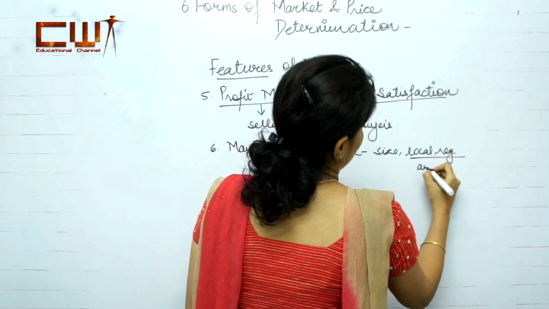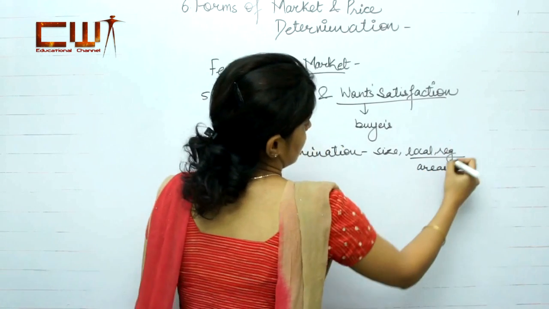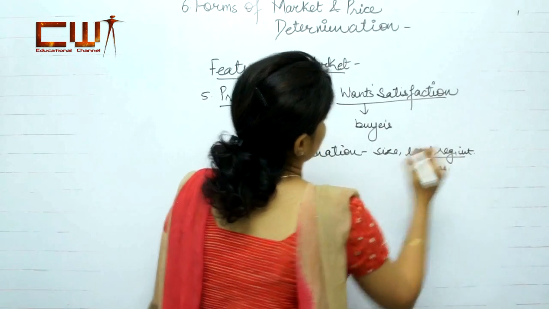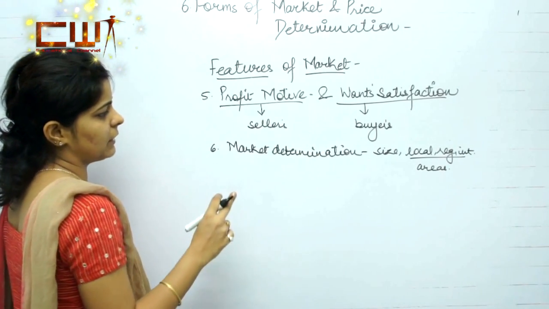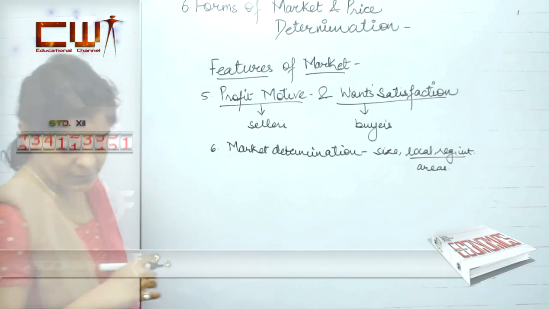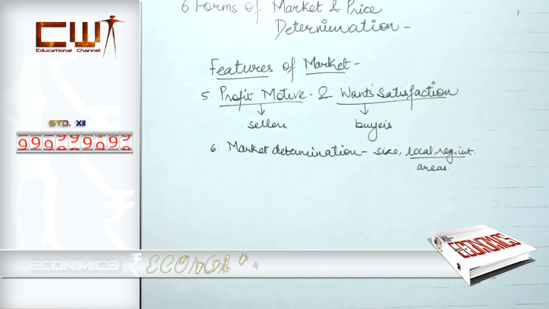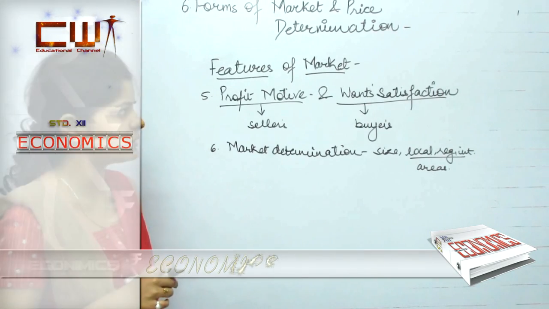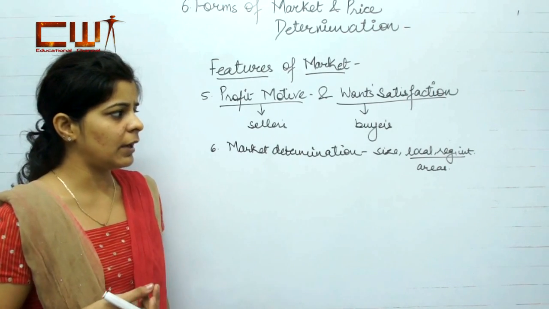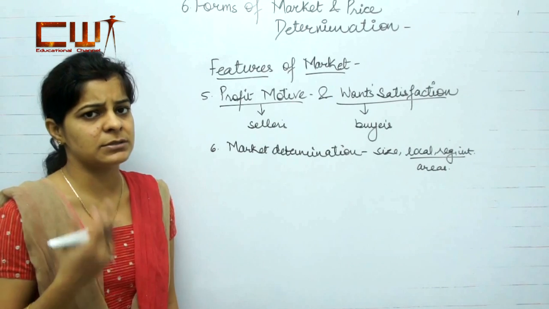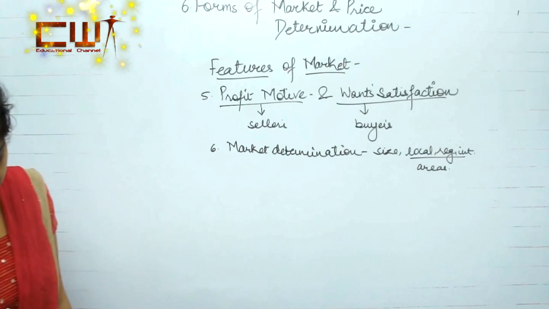These are on the basis of areas. Then you have the international market. So you can determine the market on the basis of size, that is large or small markets, and also on the basis of areas, that is a local or indigenous market, a regional market, maybe on a national basis, or the international market.